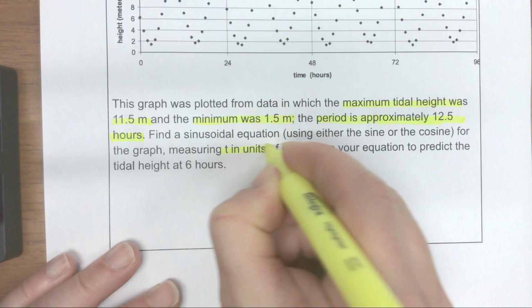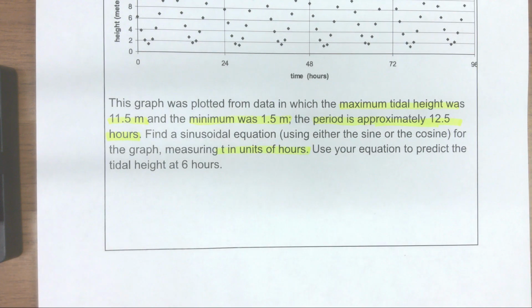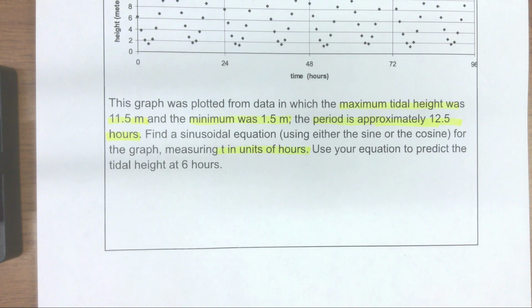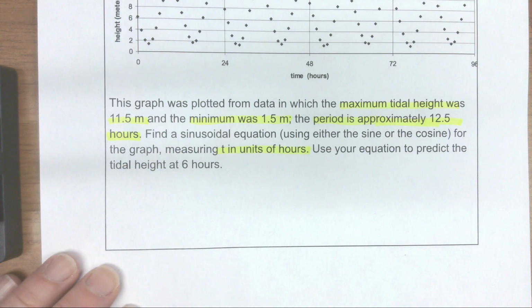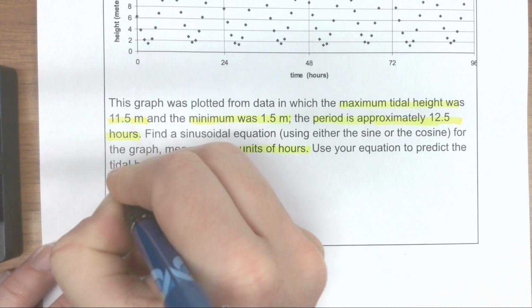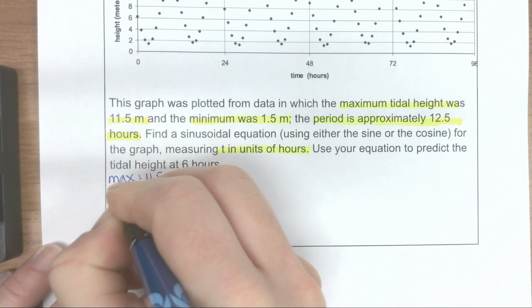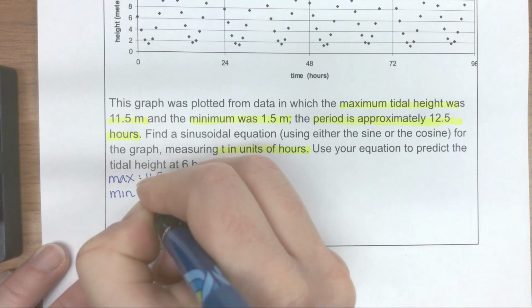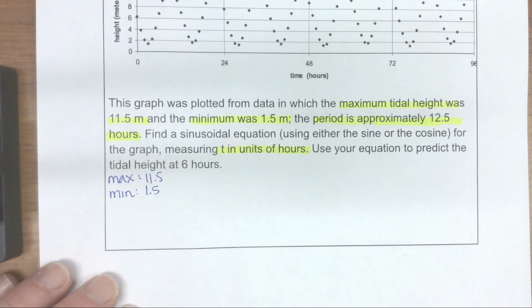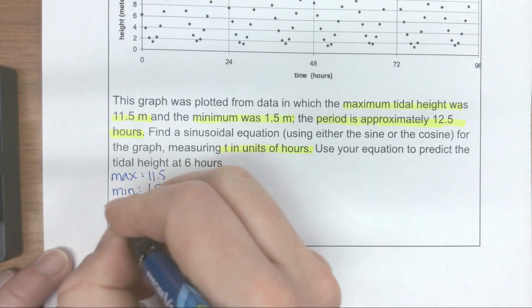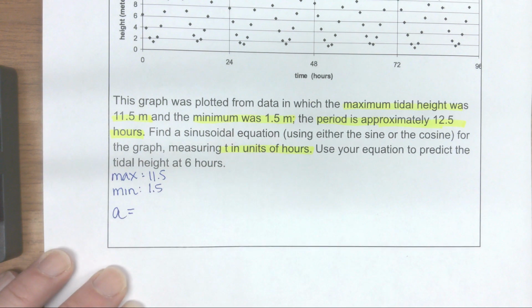And I'm not going to even answer that equation yet. I'm going to just use my information at the top. Okay, so we got a max of 11.5 and a min of 1.5. Let's go ahead and figure out what is A and what is K, please. So for A, we're going to take the max minus the min.